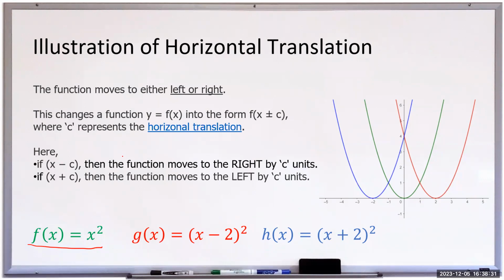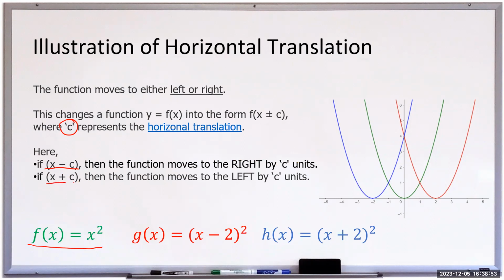So in horizontal translation, we either move the parent function to the left or to the right. And this transformation is represented by the variable c. Okay? So if we have here x minus c, then the function should move to the right by c units.